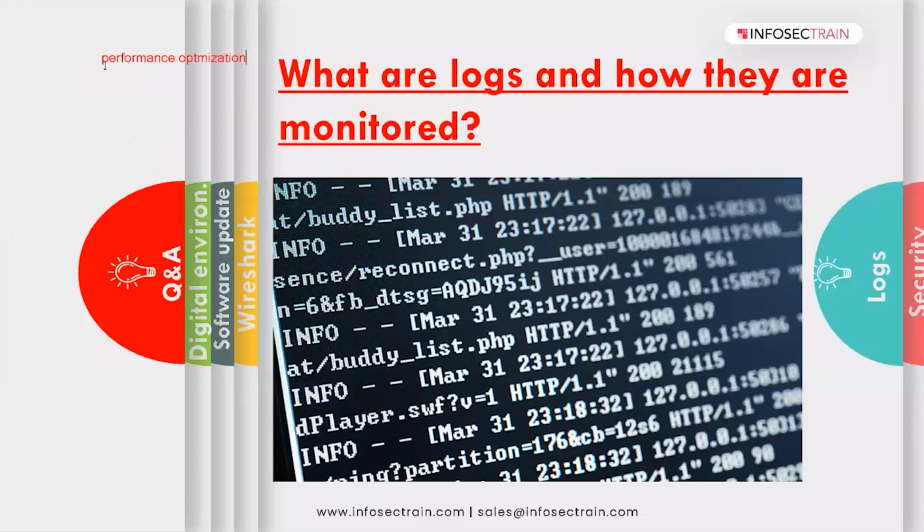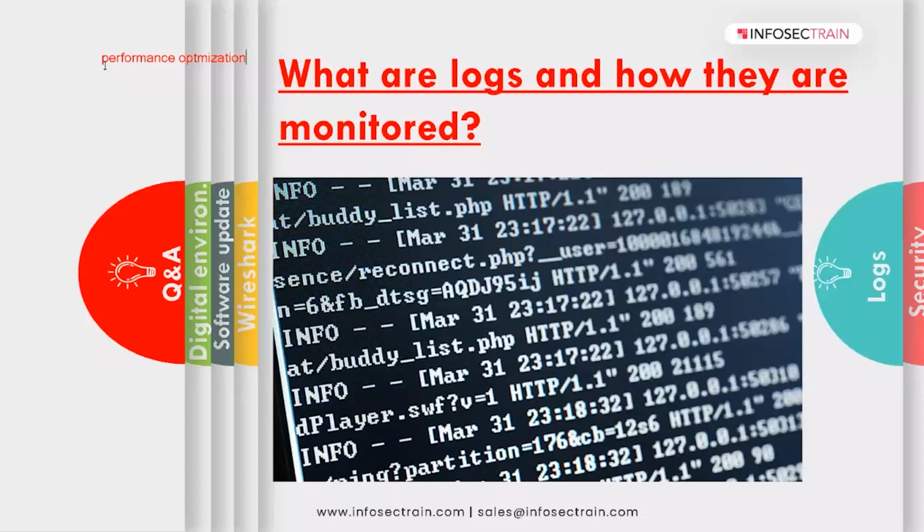After analyzing all these logs, the developers and our administrators can again identify the bottlenecks. They can look for all the errors in the logs which are impacting performance, like your resource intensive operations.